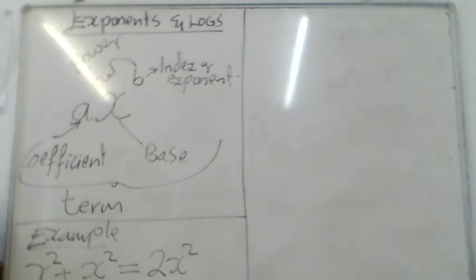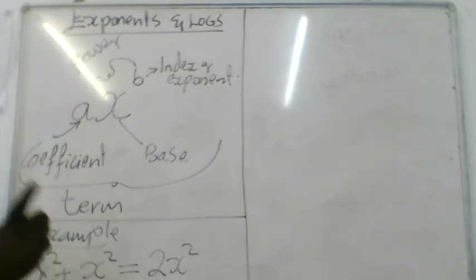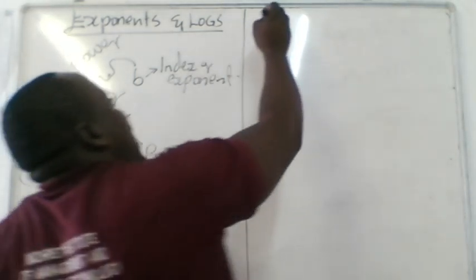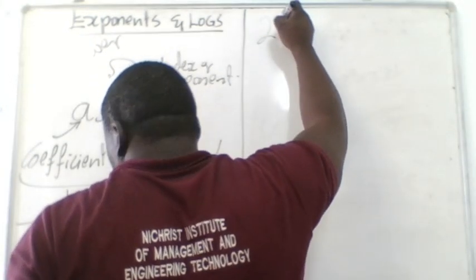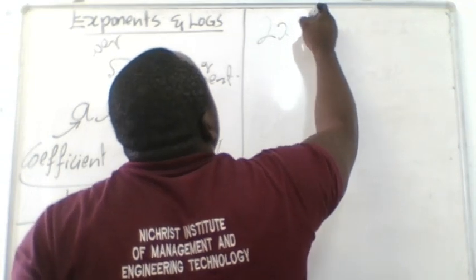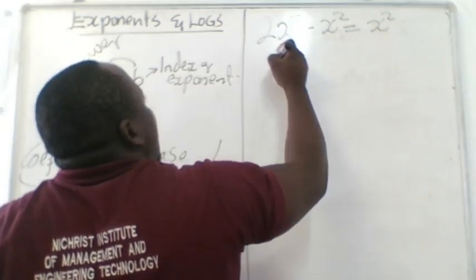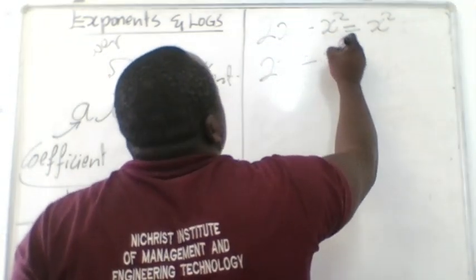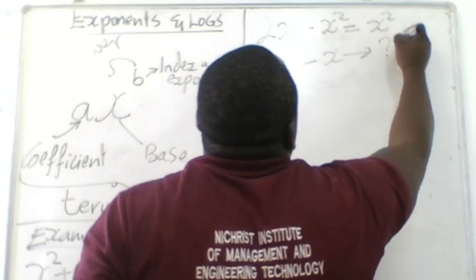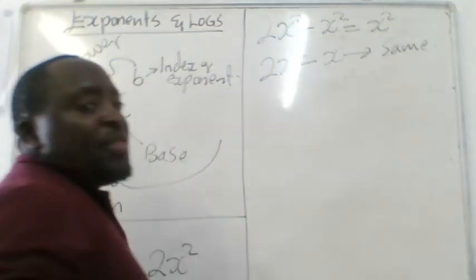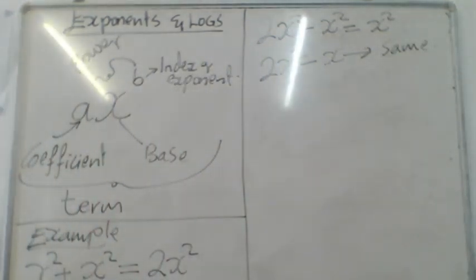The exponents are different, so they are not the same. But these two, you add them together. When you are subtracting, 2x squared minus x squared gives you x squared. But if you say 2x squared minus x, there is nothing you can do. That is the addition and subtraction of terms with exponents.